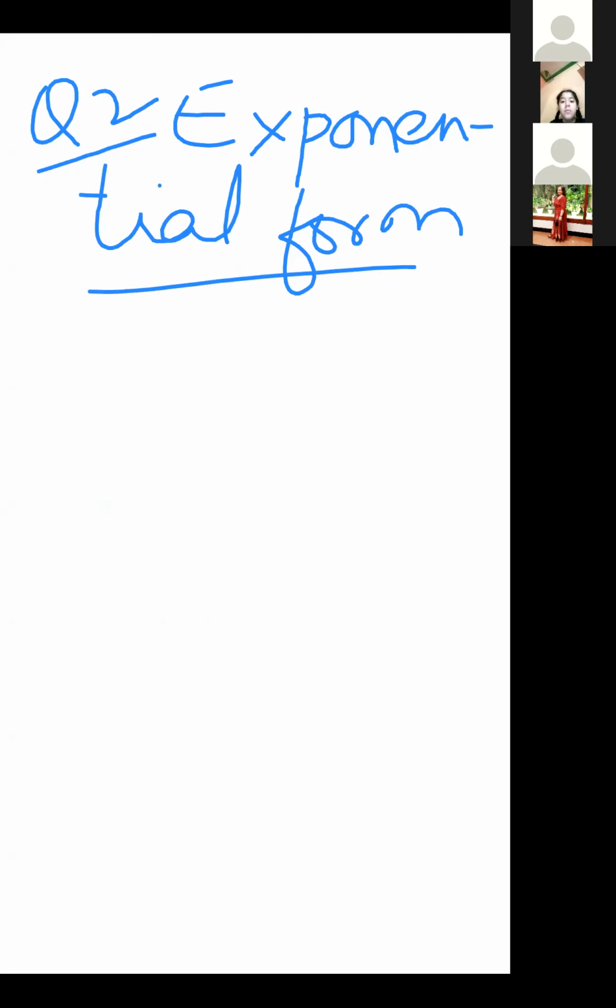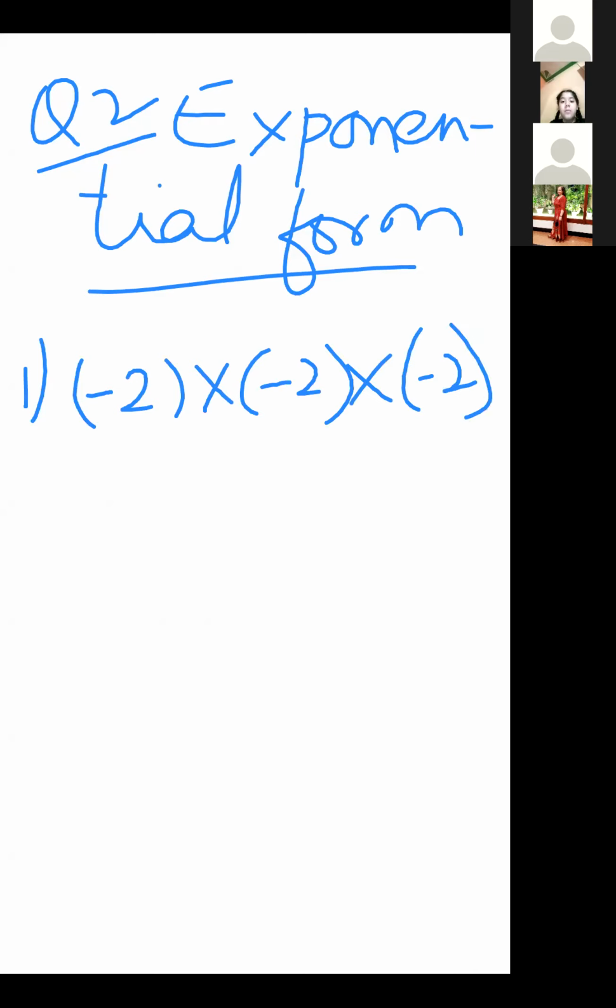Okay. Now first is -2 multiply -2 multiply -2. It means -2, how many times is -2 multiplied? 3 times. So we write 3 here. Okay. This is your exponential form.